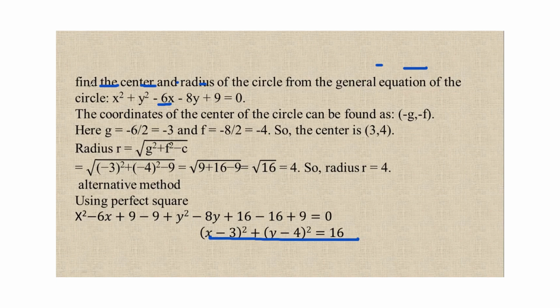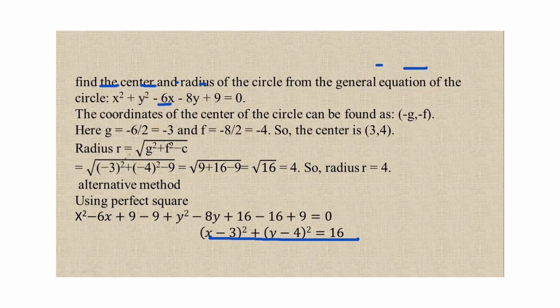There is an example. The general equation of a circle: x squared plus y squared minus 6x minus 8y plus 9 equals 0. The coefficient of x in this equation is minus 6. The coefficient of x in the general form is 2g, which equals minus 6, so dividing both sides by 2 gives g equals minus 3, and 2f equals minus 8, so f equals minus 4.